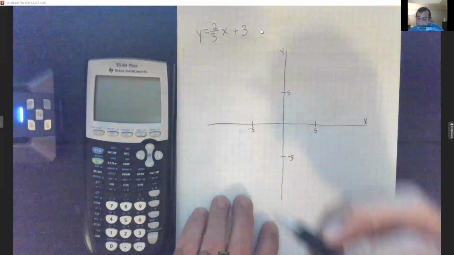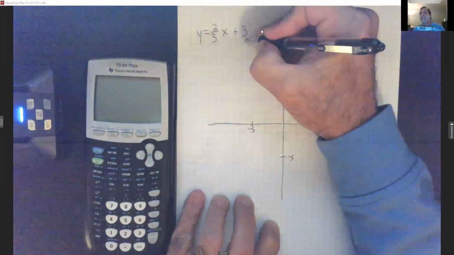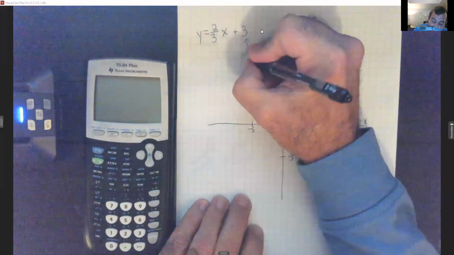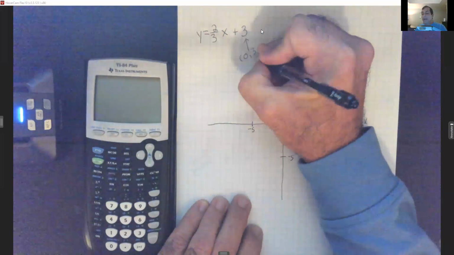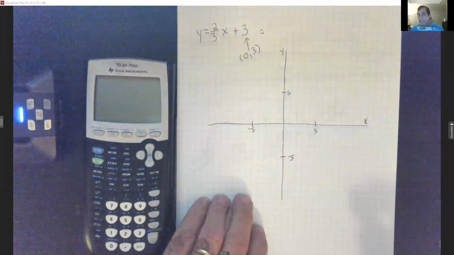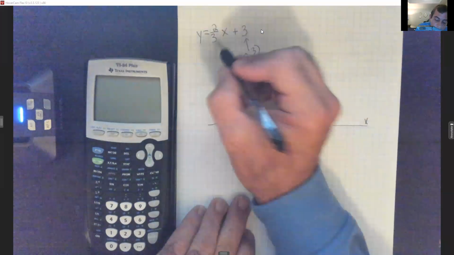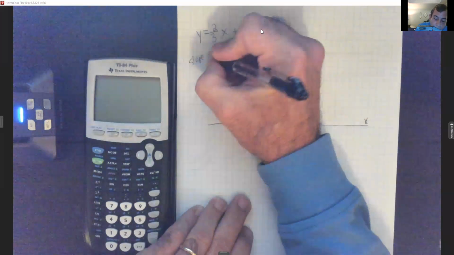So remember, if I was going to graph this, that 3 is your starting point. And if you write that as a point, that y-intercept is 0, 3 in point form. My slope, which is the m, is going to equal 2/3.